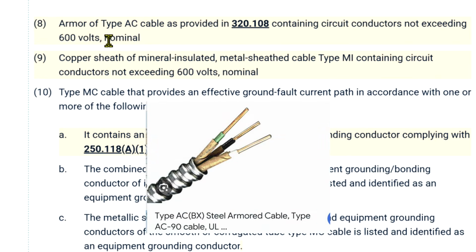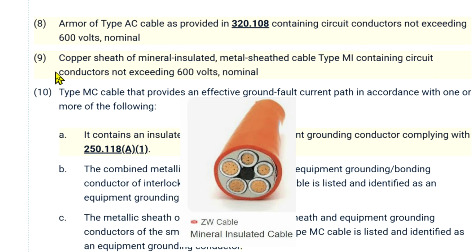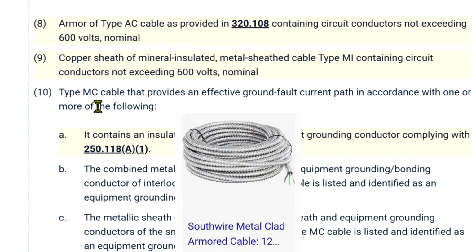8. Armor of type AC cable as provided in 320.108 containing circuit conductors not exceeding 600 volts nominal. 9. Copper sheath of mineral insulated metal sheath type MI containing circuit conductors not exceeding 600 volts nominal. 10.